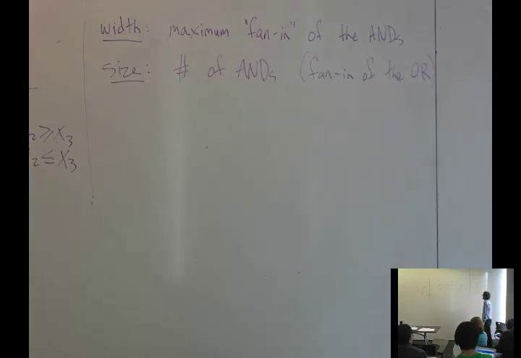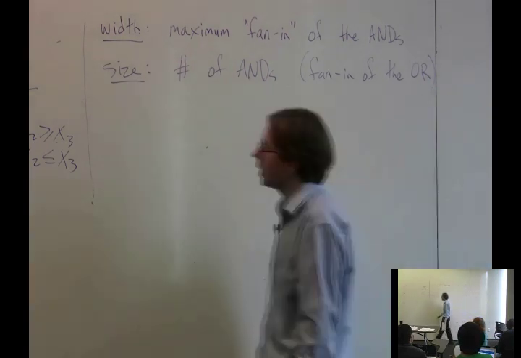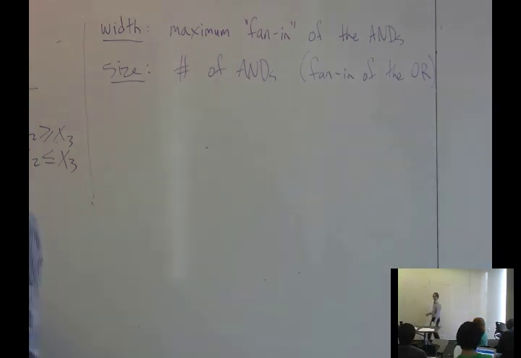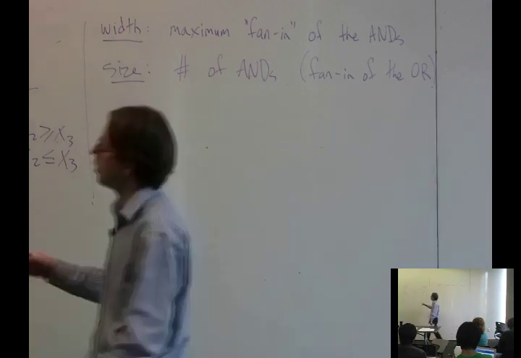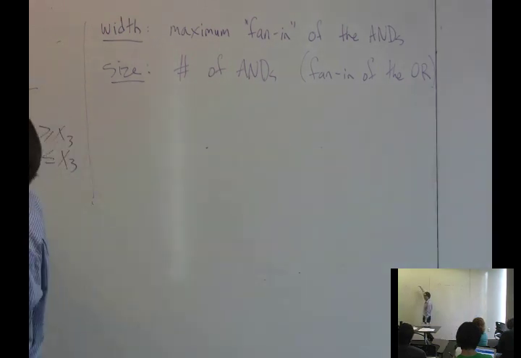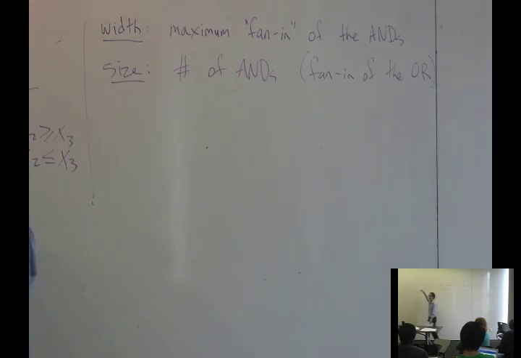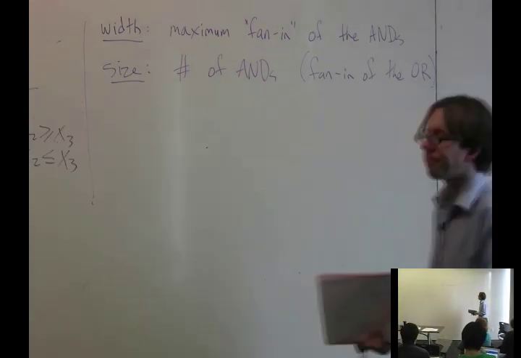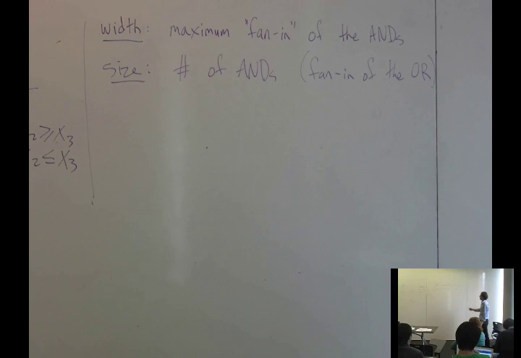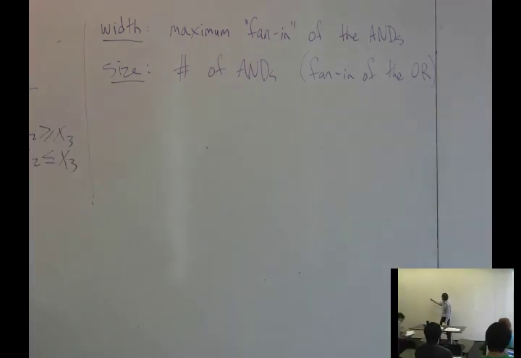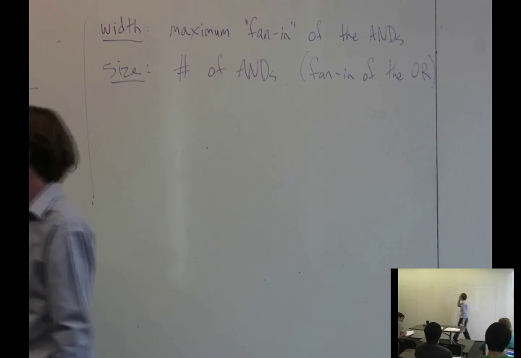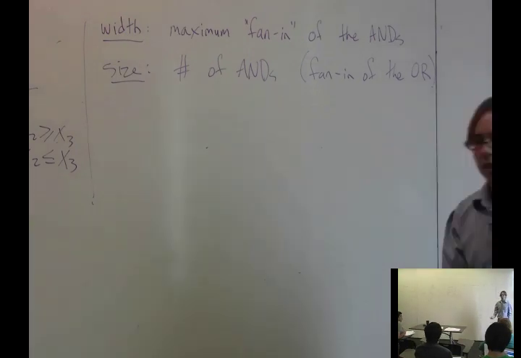I'm using this fan-in stuff as circuit terminology. And probably next class we'll talk about a more general class of representations of Boolean functions, which are constant depth circuits, if you allow a few more levels of AND and OR gates. OK, so this particular DNF formula has width 2. Actually, all of the ANDs here have fan-in exactly 2. And it has size 3, because there are 3 ANDs.